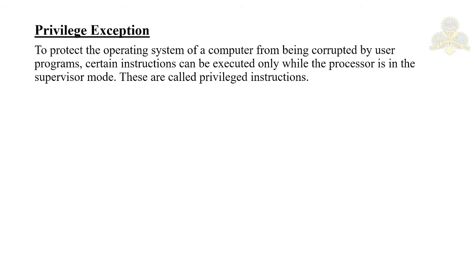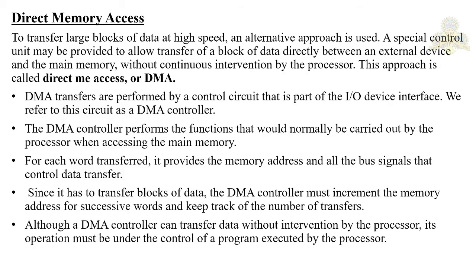Okay. The next concept we'll study is direct memory access. We have seen how output data is sent from the processor to the device, or how input is taken from any input device. If an instruction transfers the input or output data, how is it executed? Your processor determines whether the IO device is ready. Either it polls the status flag in the device interface or it waits for the device to send an interrupt request.